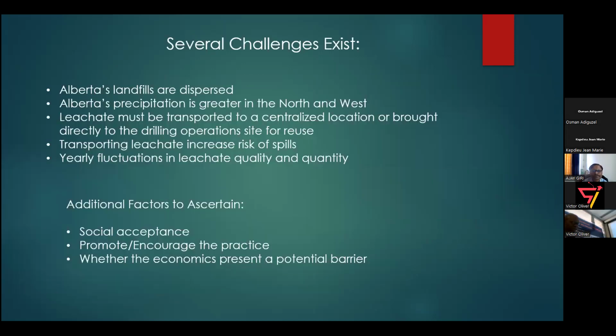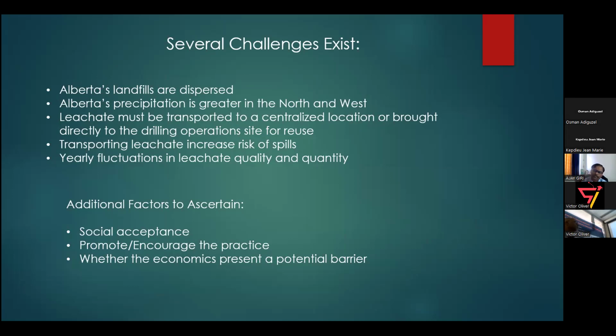So what are some of the challenges that exist when you do something like that? There are always some challenges. Landfills are dispersed, and Alberta precipitation, as already alluded to, is higher further in the north and the west, but that's fine because a lot of oil and gas activity is in the north.